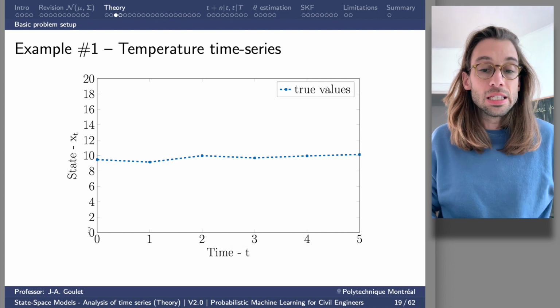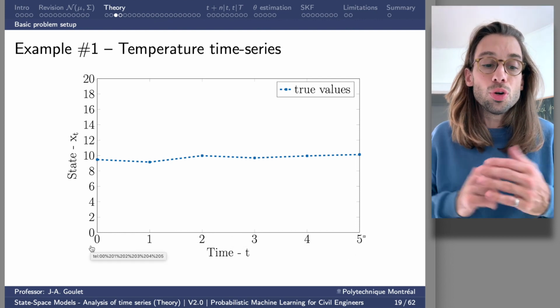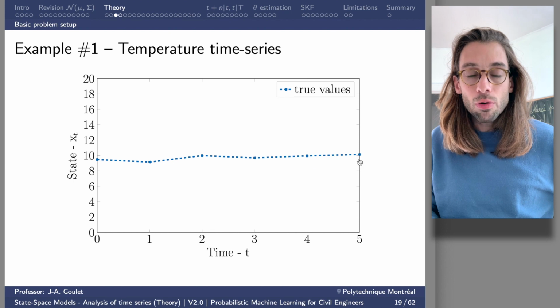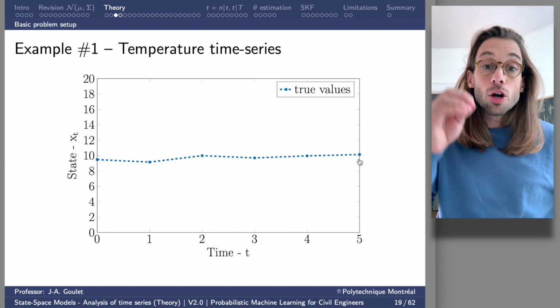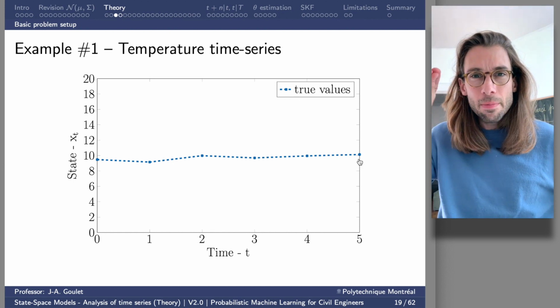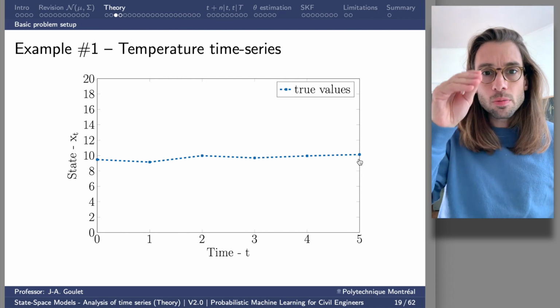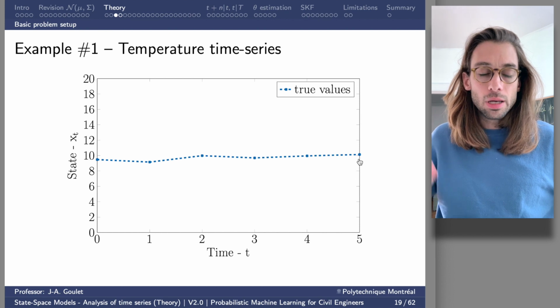The vertical axis is the state, in this case the temperature in the room. The little points you see here are the temperature at each hour, and let's assume these are the true values. We see that over time, temperature is roughly constant, but it's not exactly constant. We have some small fluctuation over time.